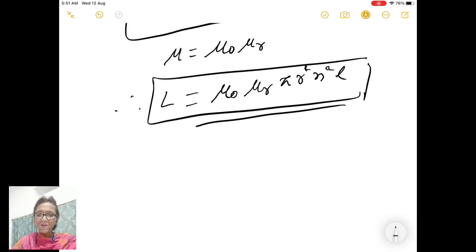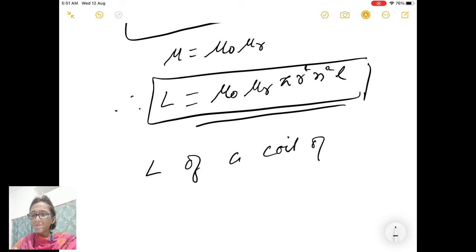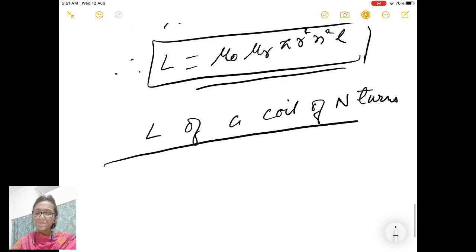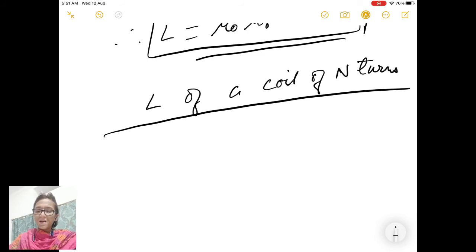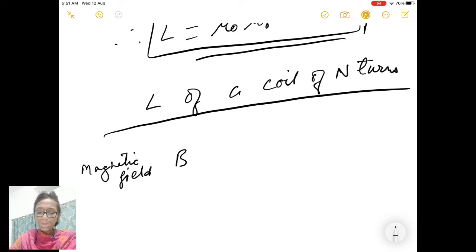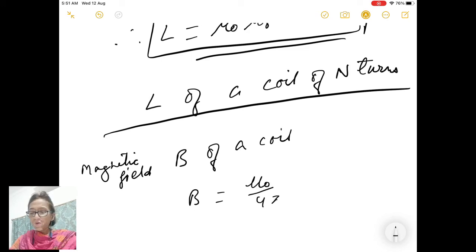In the same way, you can write the self-inductance of a coil of N turns. You know that the magnetic field B of a coil is equal to μ₀/4π times 2πI upon the radius of the coil.